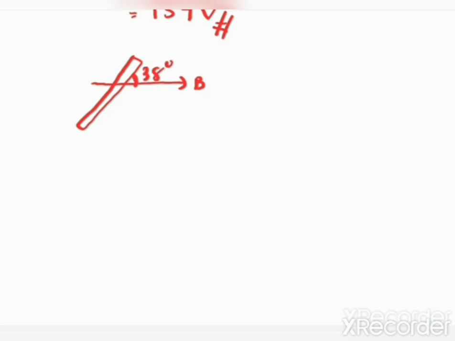First, we illustrate the direction of the magnetic field, for example pointing to the right, and the plane is at an angle of 38 degrees to the magnetic field. From this figure, we know that theta should be measured from the vector of area to B. So this is the vector of area, meaning that theta in this case is equal to 90 degrees minus 38 degrees, or 52 degrees.